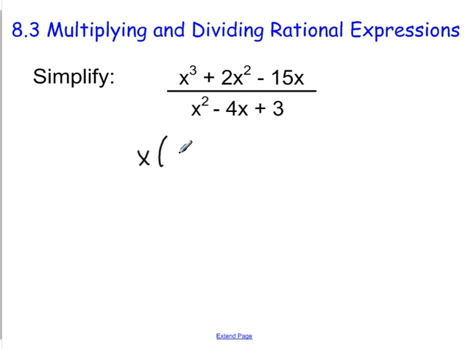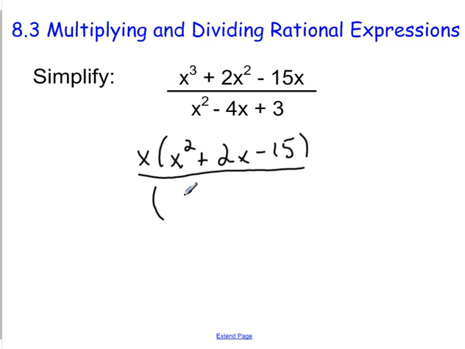And that's going to leave me with x squared plus 2x minus 15. And then the bottom, I can factor that. Remember this is just the opposite of foiling, so we're kind of unfoiling it. So I know it's going to be x and x, because we want it to multiply up to x squared.